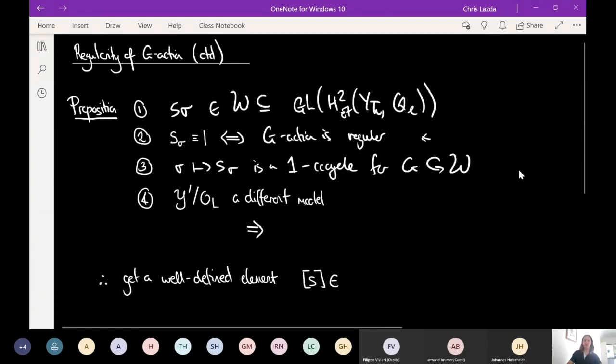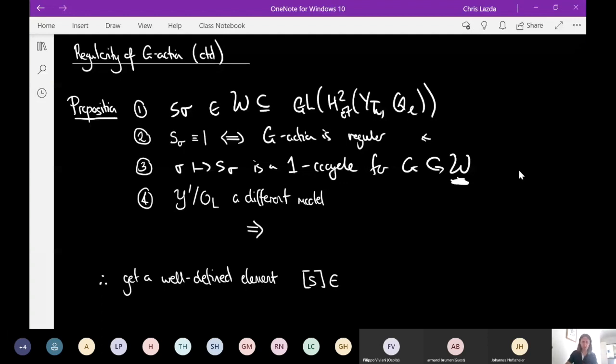And what I get out is a non-abelian one cocycle for this non-abelian G module, that is the Weyl group. This is not a hard calculation. The other thing that you can show is that if you take a different model, then the two cocycles you get, let's say S sigma and S sigma prime, are cohomologous.